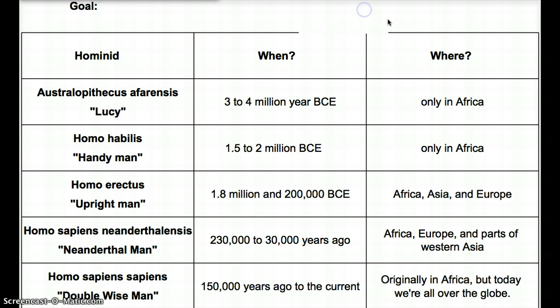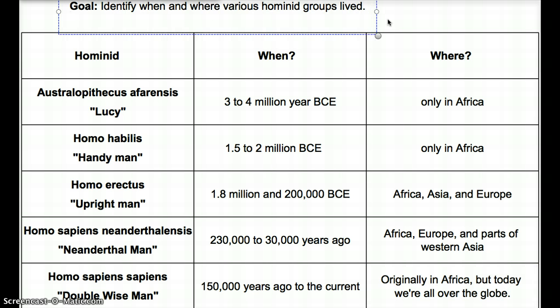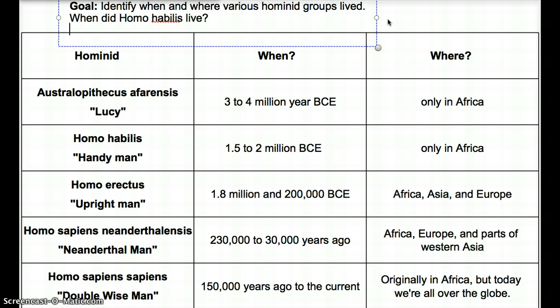Now, my question for you, I actually have two questions for you. The first one that you should be able to answer with this chart is, when did Homo habilis live? I'll give you a couple seconds to ponder your response to this. You should be able to answer it pretty easily.